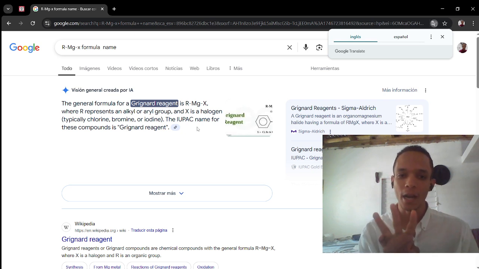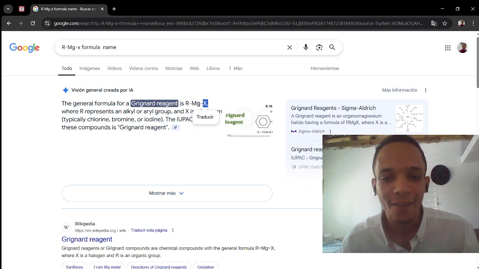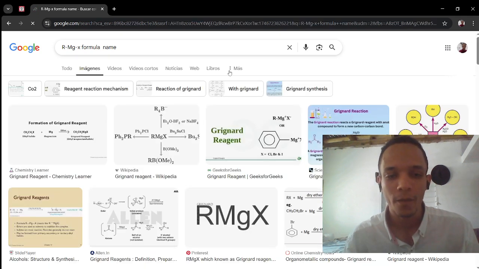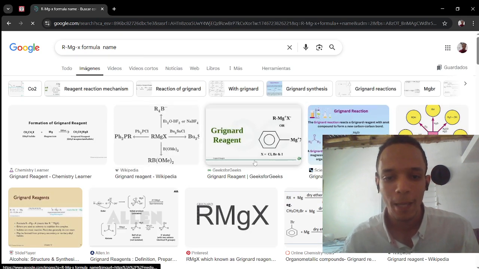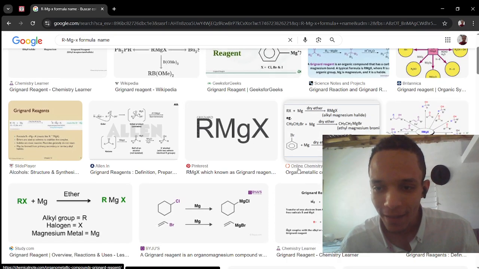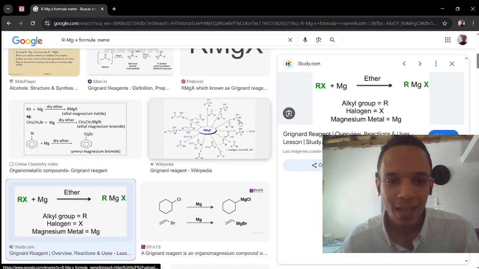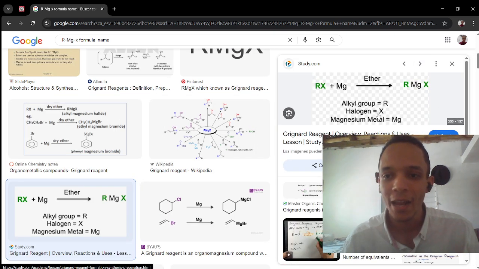When I say three terms, it is for example the R, the Mg, and the X here. The X we all know is a general variable. For example, if I look here for the images, you can see that the X says it is the halogen.